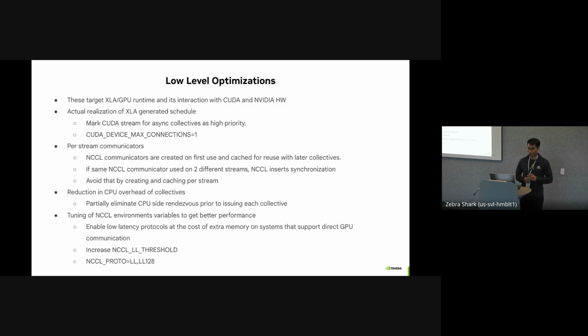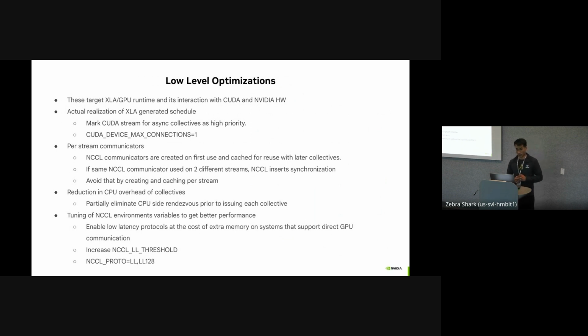We also use per stream communicators. This is to reduce some of the NCCL synchronization costs. When you use a single NCCL communicator between multiple streams, NCCL will do synchronization at some point. So we create per stream communicators and cache them on the system. Of course, we've done some work to eliminate some CPU-side rendezvous overhead before launching collectives.